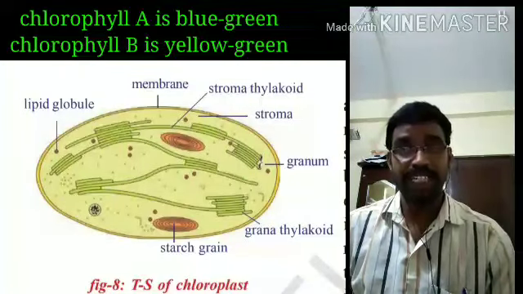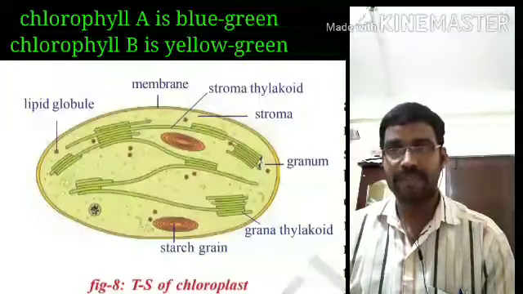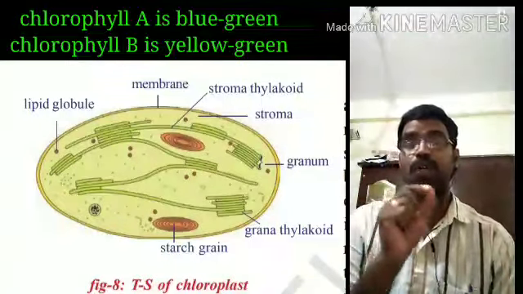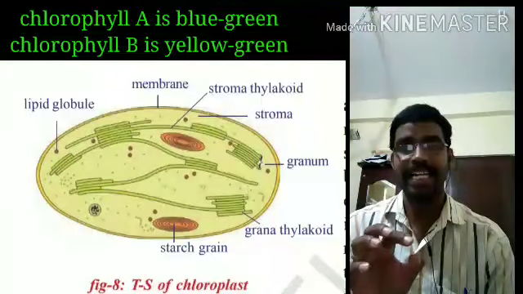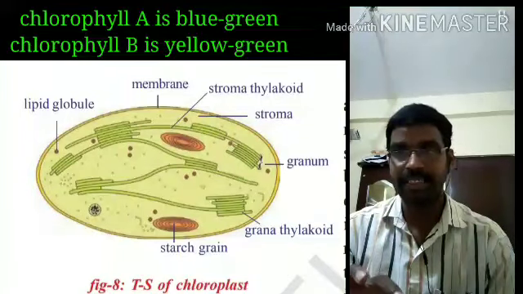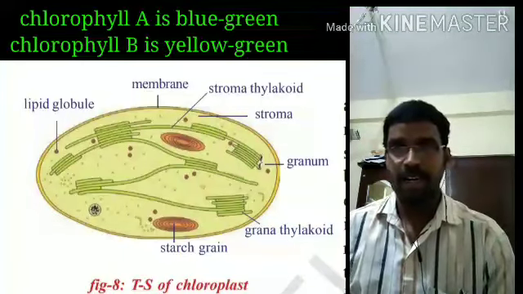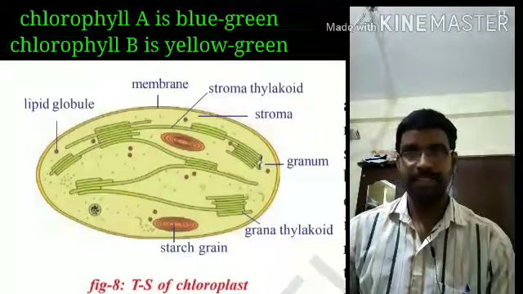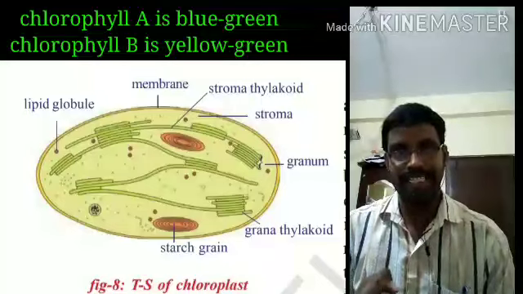So 250 to 400 pigment molecules are grouped as a light harvesting complex or photosynthetic unit on each thylakoid. So these are important for trapping of sunlight.